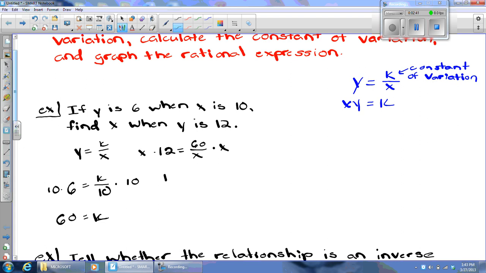On this side we get 12x equals 60. Divide by 12 on both sides, and x equals 5. Not too hard, we're just plugging in and solving for one variable or another.